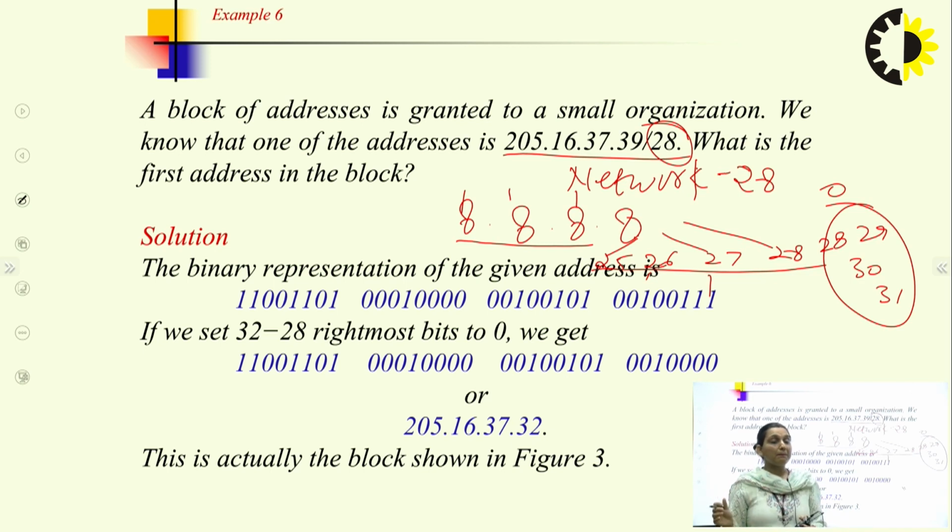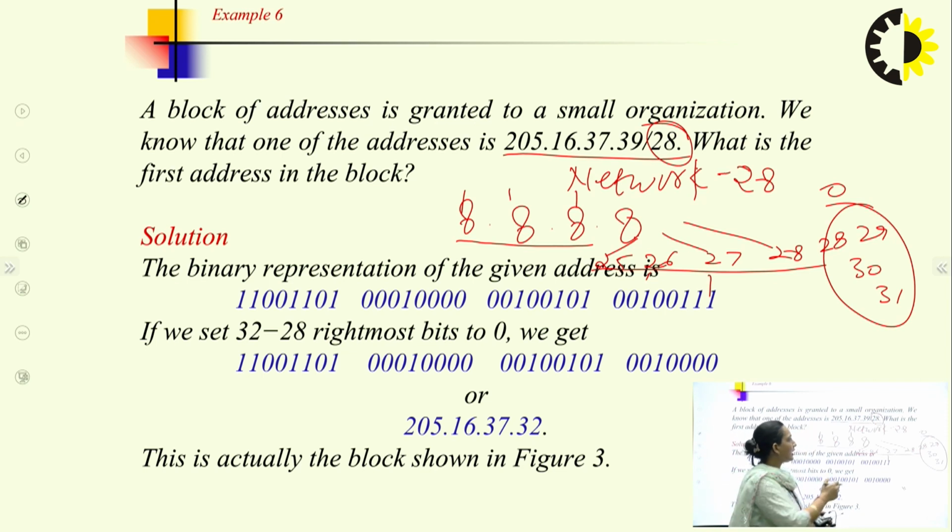If we take a bit from the host and give it to the network, the network count will increase, but the hosts in a network will decrease. We say the number of cities will increase, but in each city the number of houses will decrease. So according to your need, how many houses you want, I will do subnetting accordingly using classless addressing here.